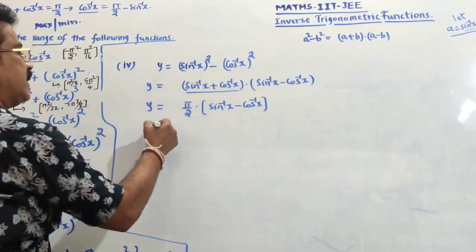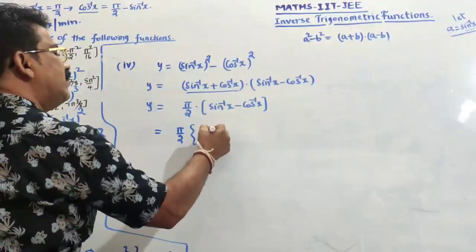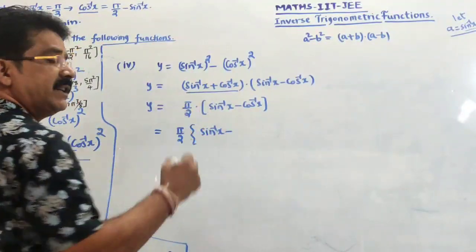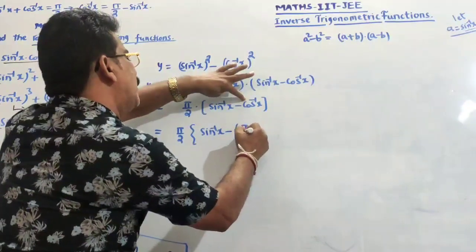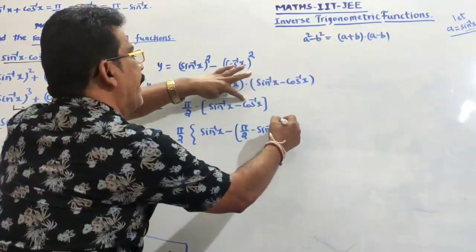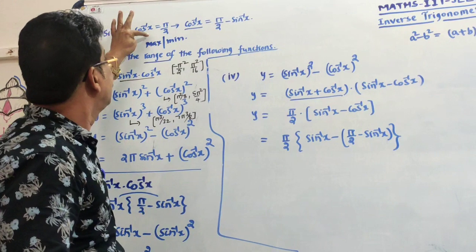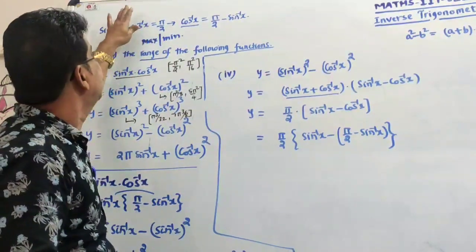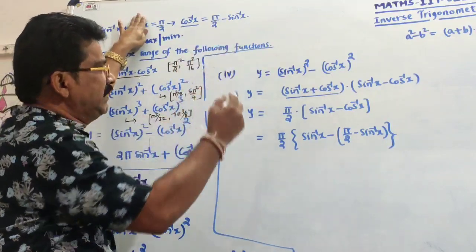So therefore y equal to pi by 2 into sin inverse x minus cos inverse x. That is equal to pi by 2 into sin inverse x minus, this cos inverse x can be pi by 2 minus sin inverse x. Already I said this formula, sin inverse x plus cos inverse x equal to pi by 2. Thus cos inverse x equal to pi by 2 minus sin inverse x.